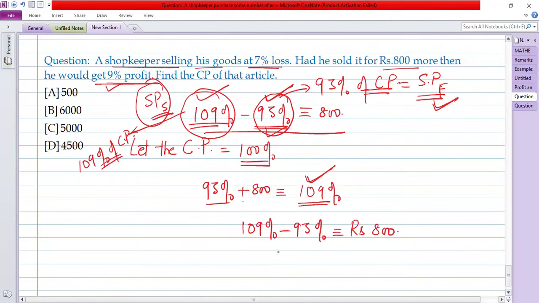Here the difference is 16%, which is equivalent to rupees 800. So 1% is equivalent to rupees 50.